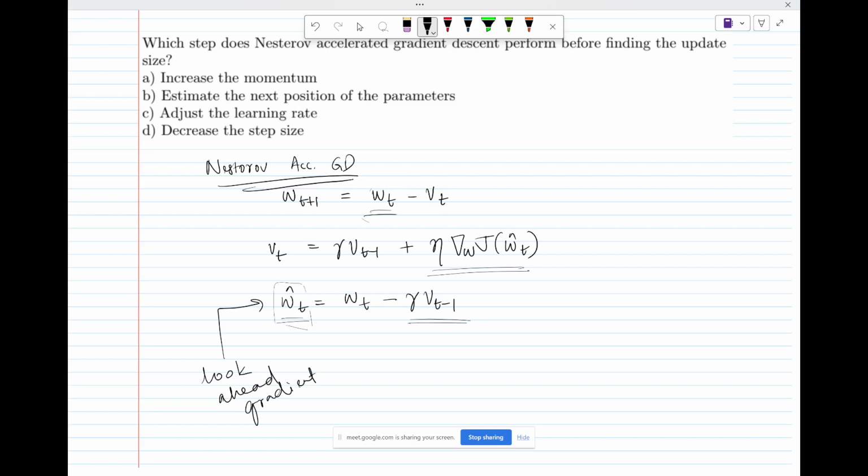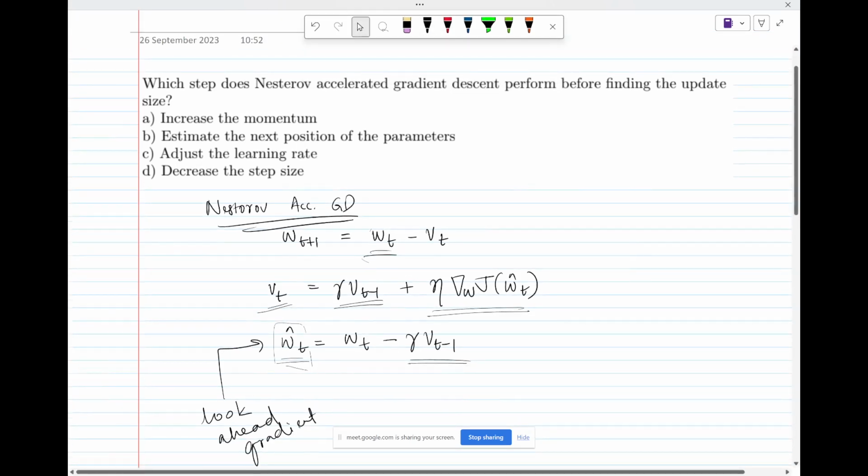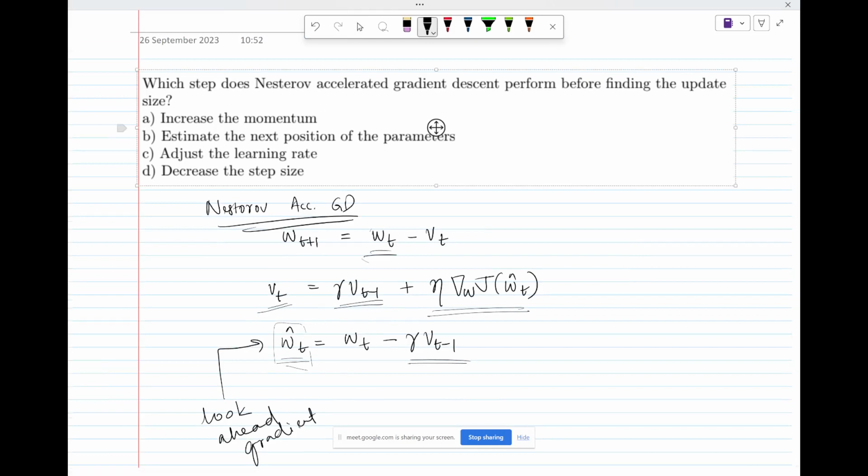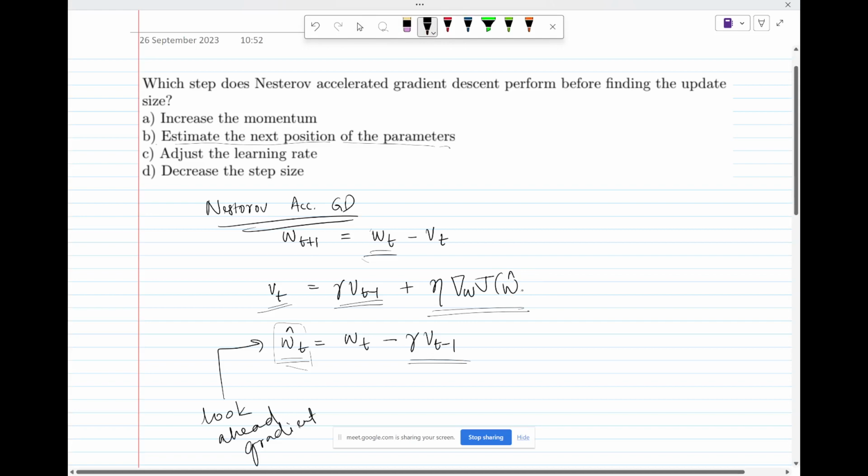And based on that gradient and the current momentum you decide your update step Vt, which you use to update your parameter. So before finding the update size, it is estimating the next position of parameters. This is an estimate of the next position of parameters. I think instead of Wt I should use W hat t plus 1 to imply that it is the next position estimate.